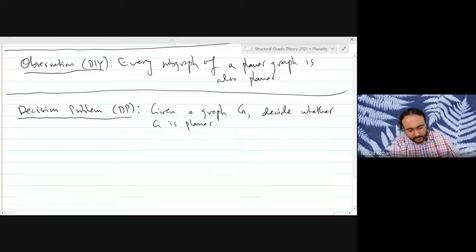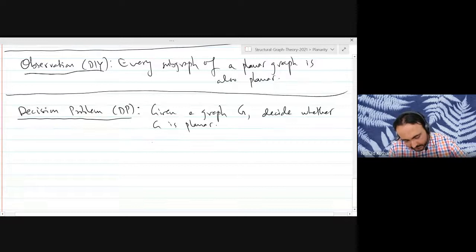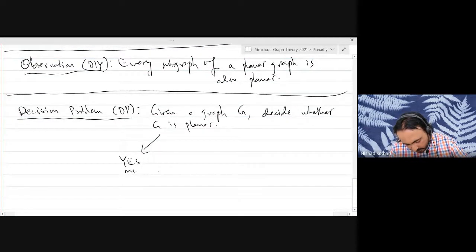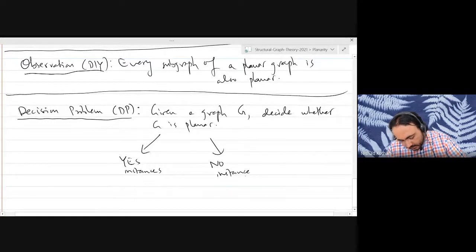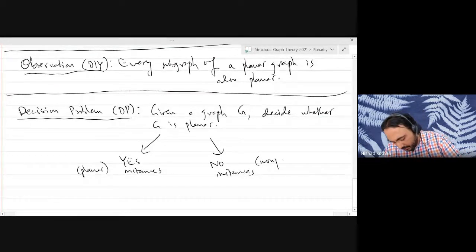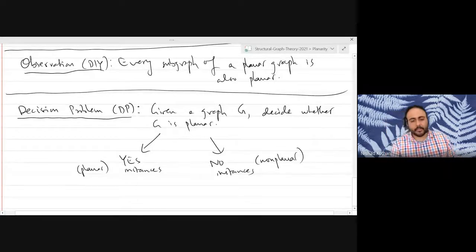There are two types of instances: the yes instances and the no instances. Yes instances are planar graphs and no instances are your non-planar graphs. I want to discuss whether this decision problem belongs to NP and co-NP.